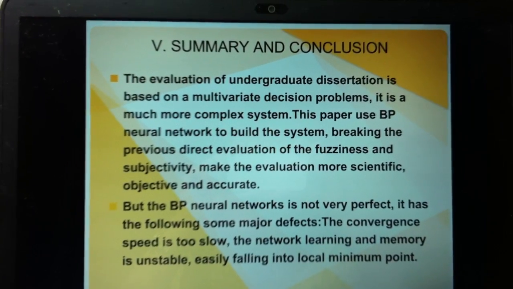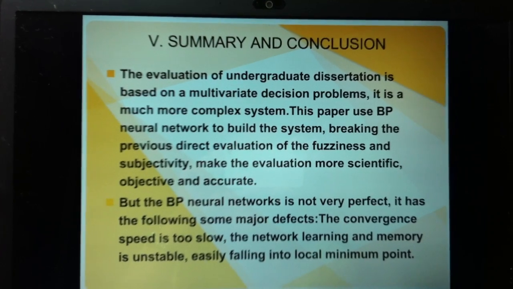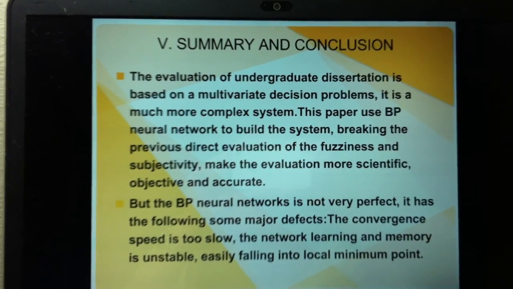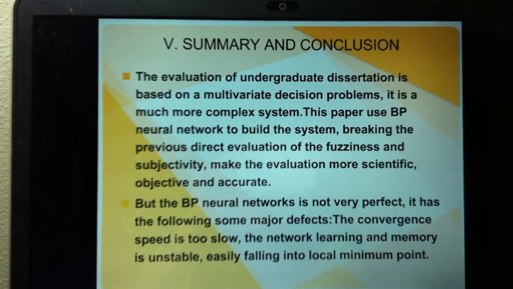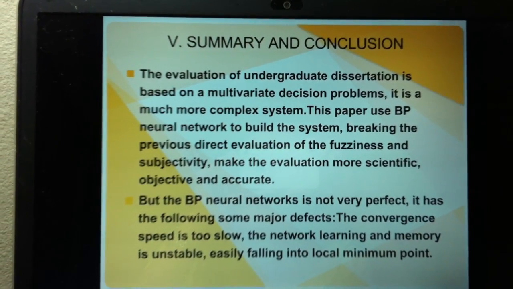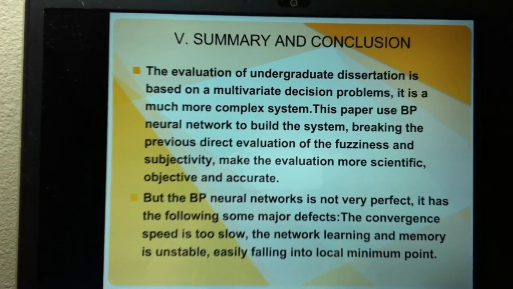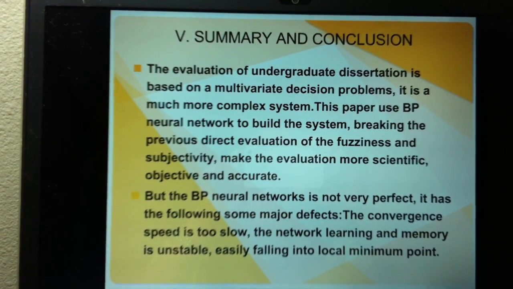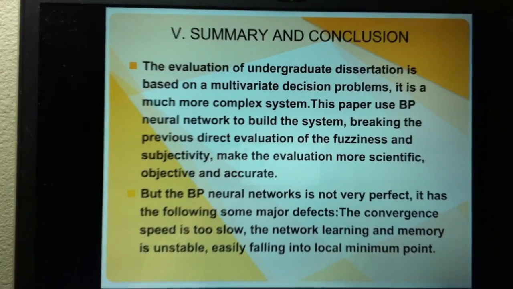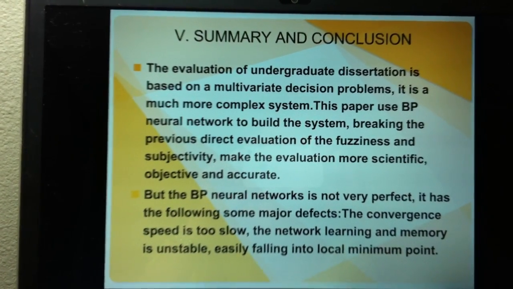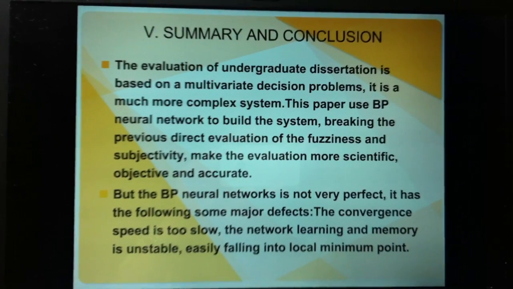The evaluation of an undergraduate dissertation is based on multiple decision problems. It is a much more complex system, and in this paper we use the BP neural network to build the system, breaking the previous methods and making the evaluation more objective and accurate.